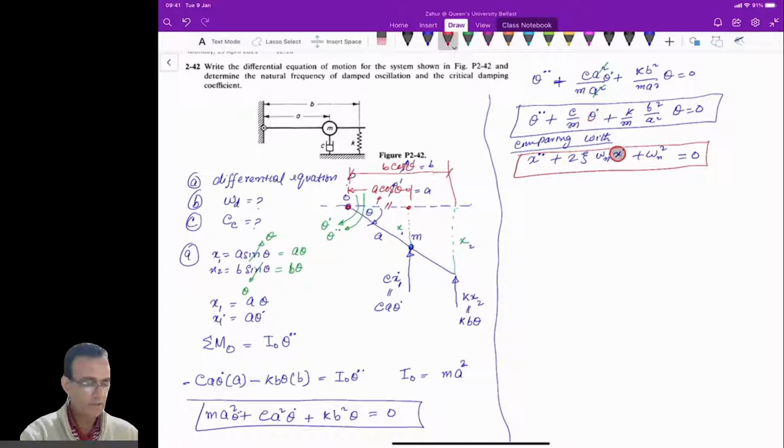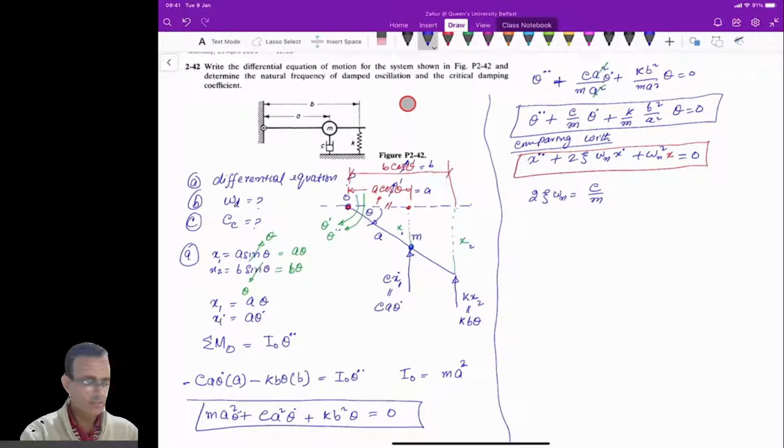Here you have theta dot, there you have x dot, and here you have theta, there you have x. So 2 zeta omega n is equal to c divided by m. This term becomes equal to this term here.